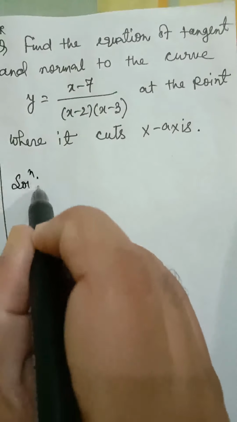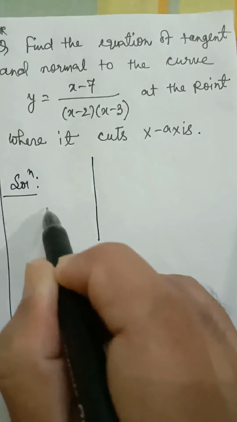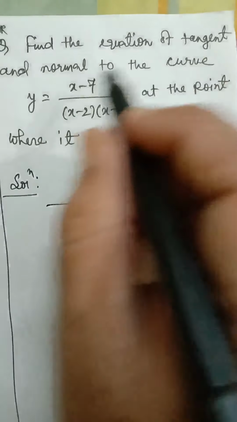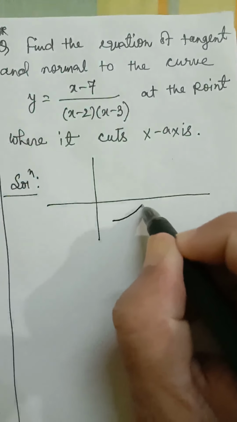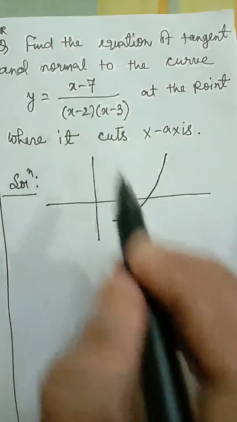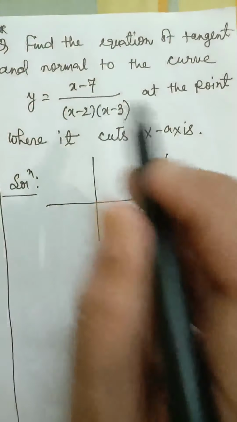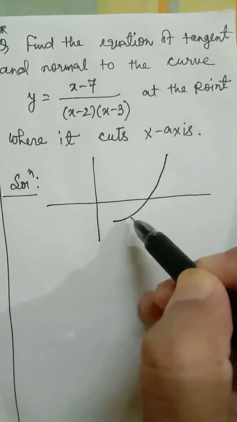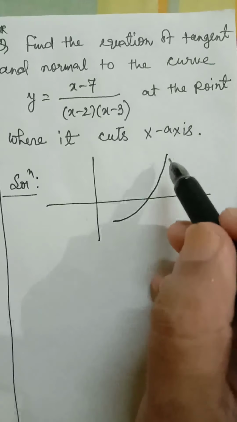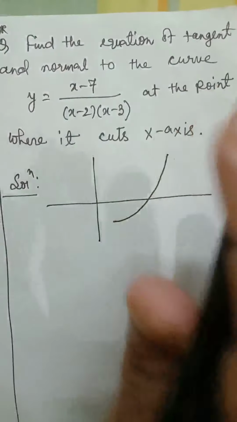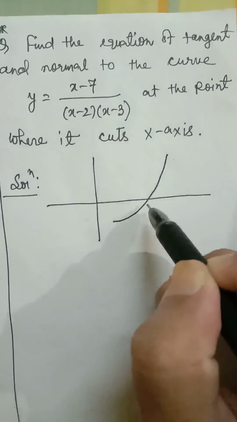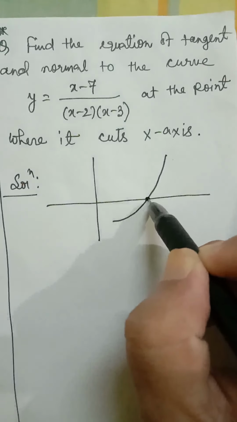Now, what is given in the question? Find the equation of tangent and normal to the curve at the point where it crosses the x-axis. Suppose this is the graph of this. I have drawn this just to explain. Suppose this curve, this is the graph of this, and this is the point where it crosses the x-axis.